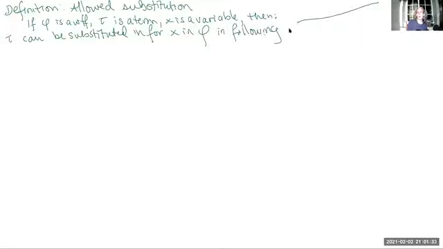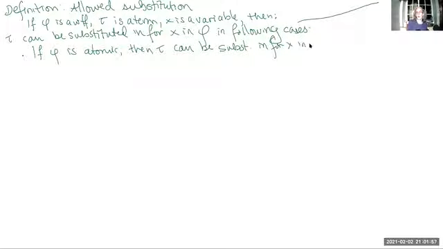So this is when the substitution is actually allowed. If phi is atomic, then as we've said many times before, all variables occur freely, therefore any substitution will be allowed. So if phi is atomic, then tau can be substituted in for x in phi, and you just do it according to the previous definition.